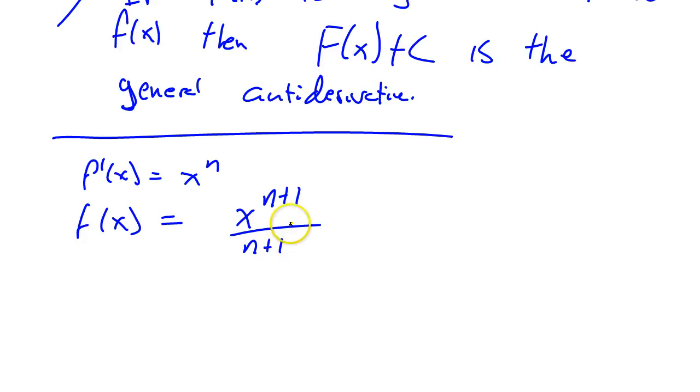Notice that when I take the derivative of this, the 1 over n plus 1 is just a constant that comes along for the ride, and the n plus 1 multiplied out in front cancels the other n plus 1, leaving just a 1 out in front. Then you drop the exponent from n plus 1 down to n. So this indeed is an antiderivative of that. To get all the antiderivatives, I better add the plus c. So this is now the general antiderivative of x to the n. It's the power rule in reverse.